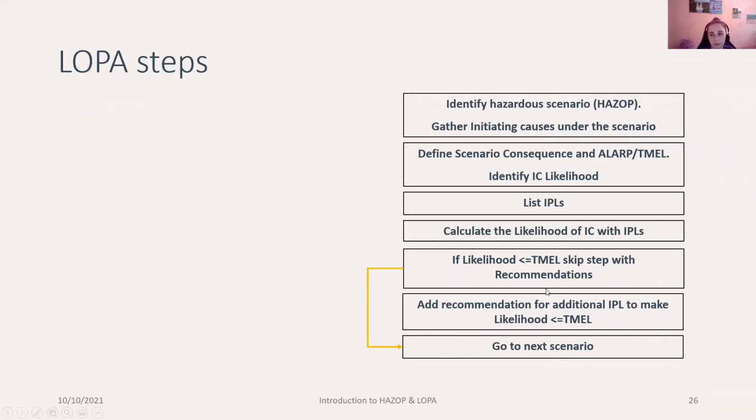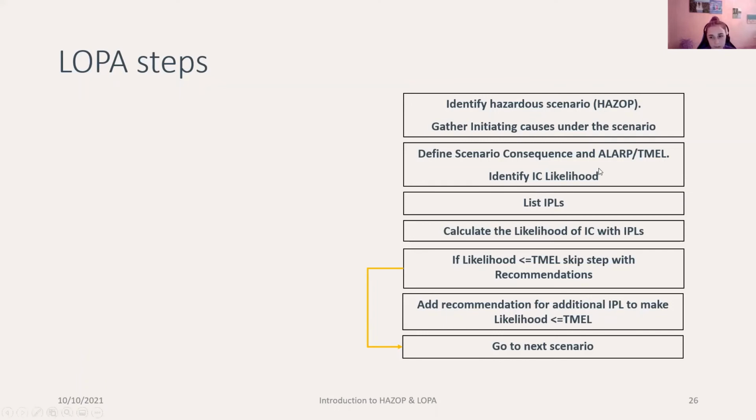Another way to understand TML is that it's like a limit: you can't decrease the possibility of this happening by adding safeguards lower than that, because afterwards it will not be practicable. You are adding additional steps and they don't change the likelihood more and more.